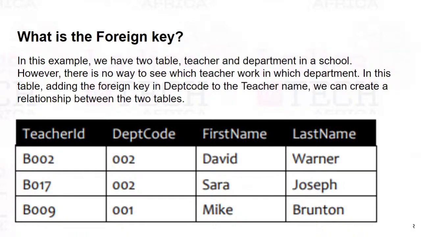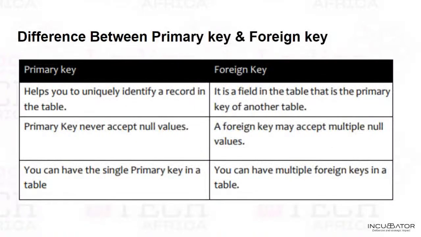So, the difference between primary key and foreign key. Basically, a primary key helps you to uniquely identify a record in a table. In your own domain, you are the primary key. But a foreign key is a field in a table that is the primary key of another table.